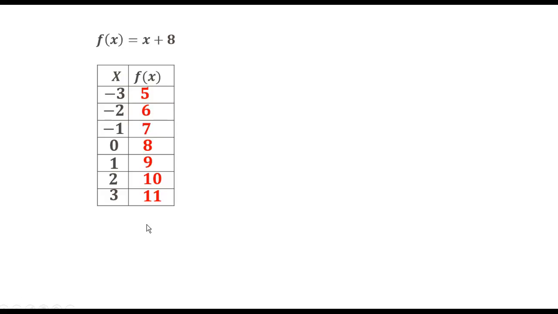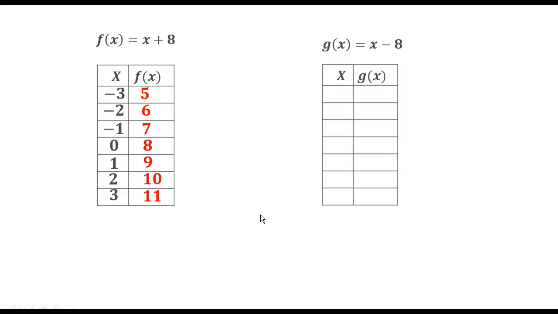Now, let's suppose I have another function. Let's call it g of x, and we're going to let g of x equal x minus 8. Let's do a table of values for this particular function as well. But what I'm going to do is use the values that I got for my y in the f function as the x's for the g function, and you'll see why in just a few minutes.